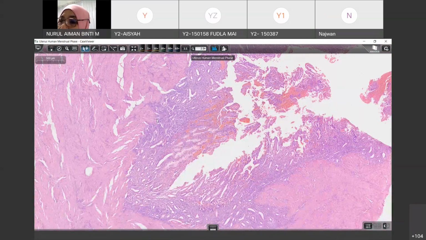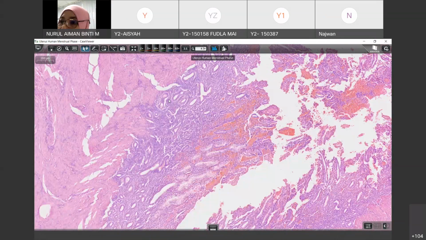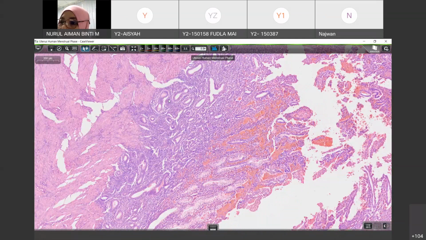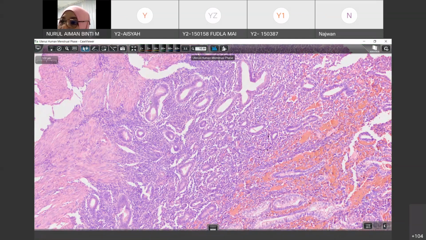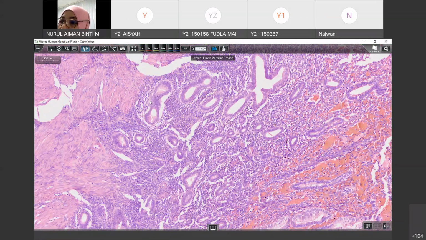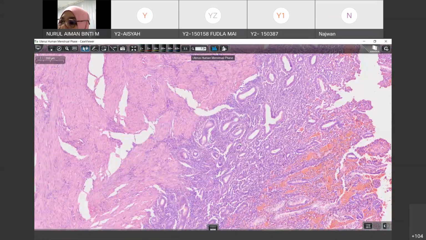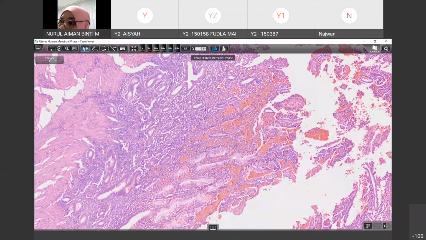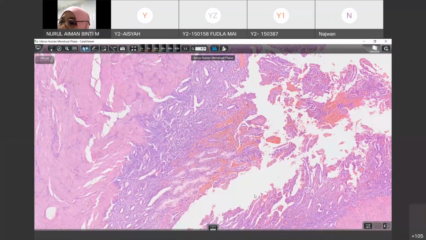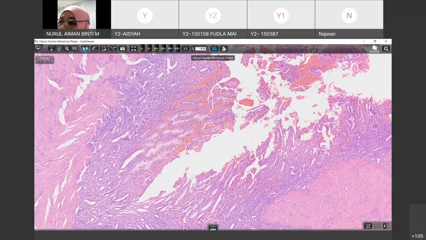This is the endometrium region. In the endometrium, you can see the basalis layer. We are left with only the basal glands, but of course it is more basophilic in color. And this region is the functionalis layer, which is already being sloughed off.